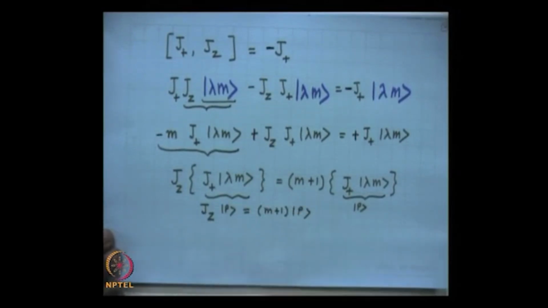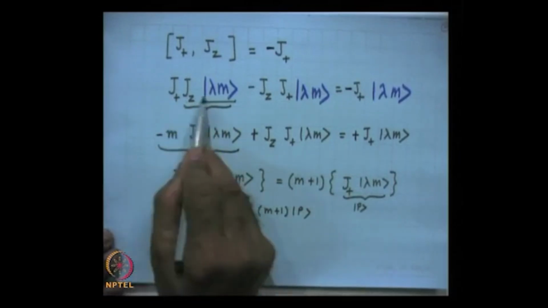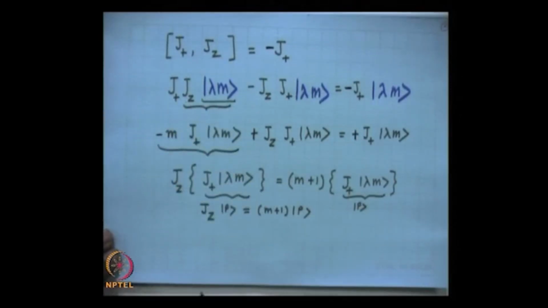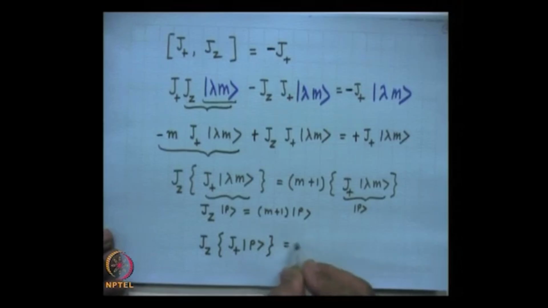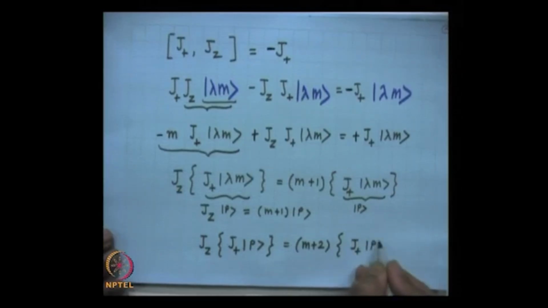Now, I do the same thing. Instead of operating this on ket lambda m, I operate this on ket p. So, I will obtain J z J plus ket p will now be equal to m plus 2 J plus ket p.